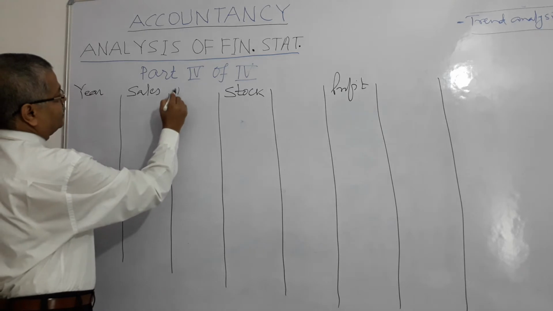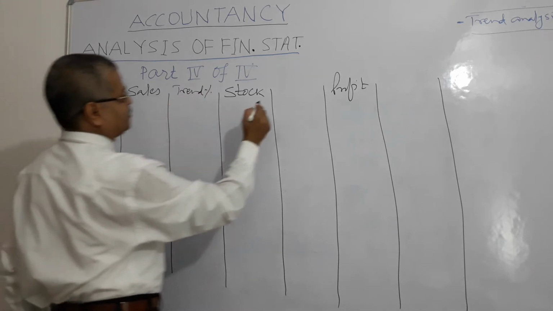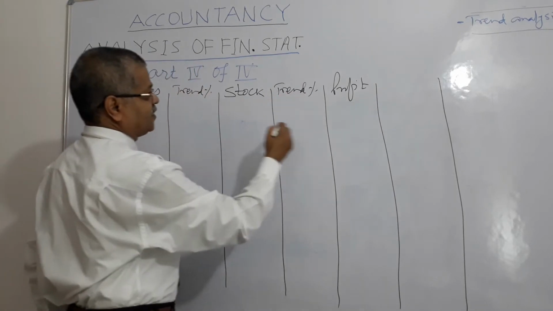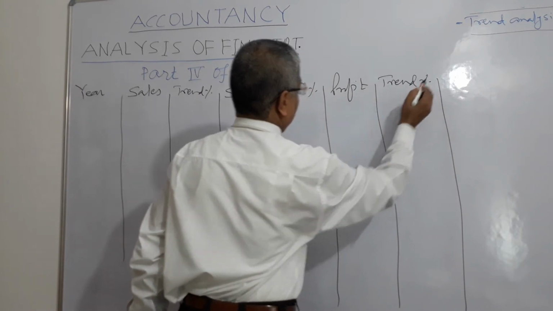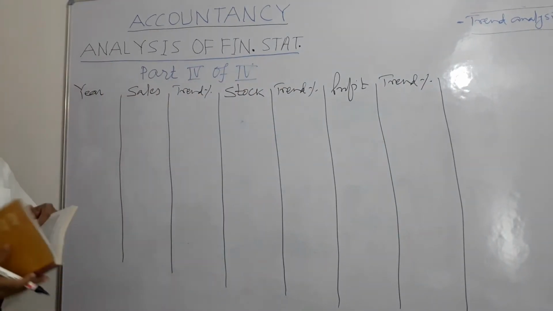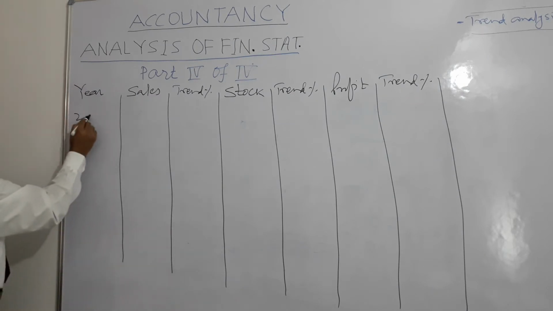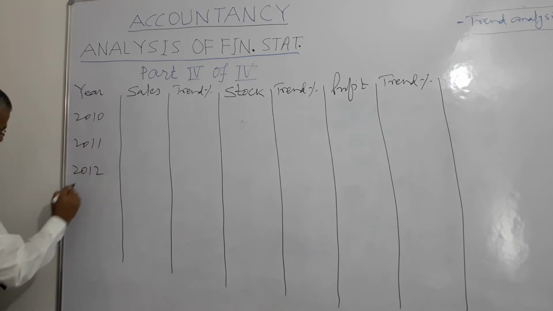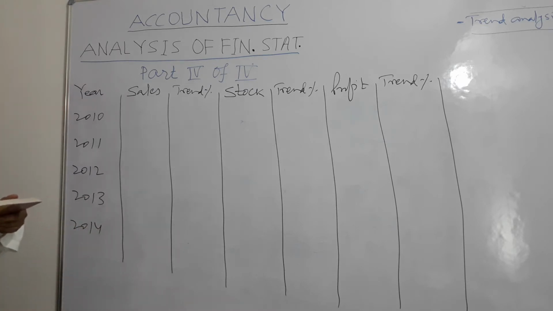Here we will take trend percent in respect of sales, trend percent in respect of stock, and trend percent in respect of profit. So let us go to the years 10, 11, 12, 13, 14.